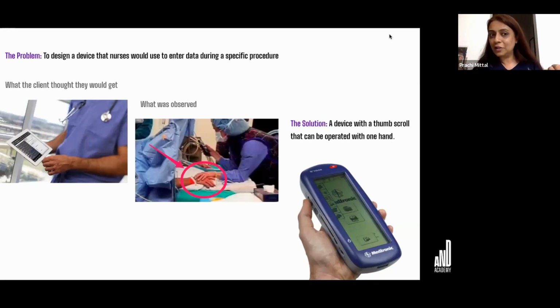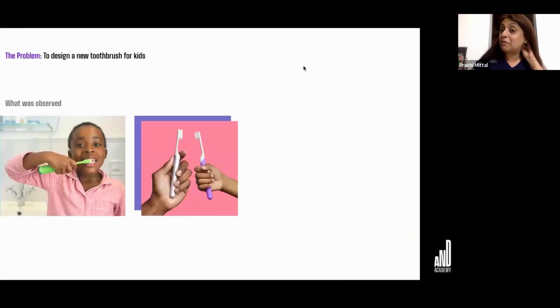Now, the solution is far away from looking pretty or swanky as the client thought to begin with, but it serves the purpose better. It is what we would call a human first approach, understanding the needs and fears of all the humans involved, not just the nurse, but also the patient, because they are all stakeholders in this situation, right?